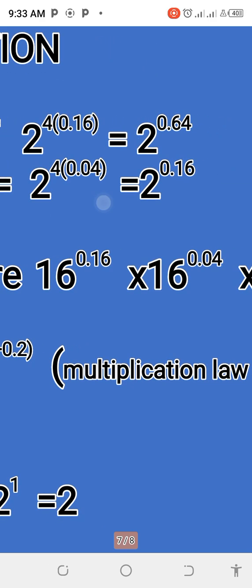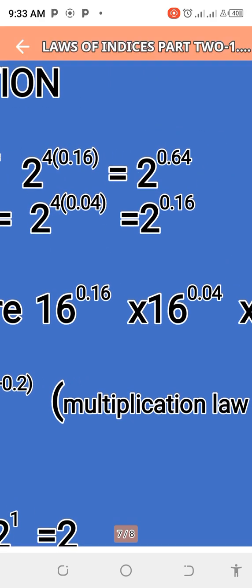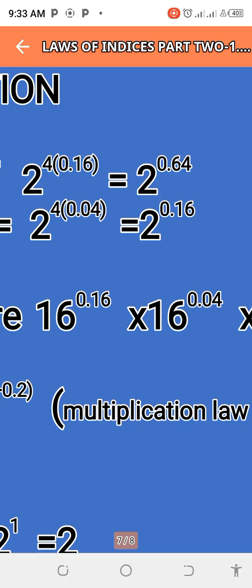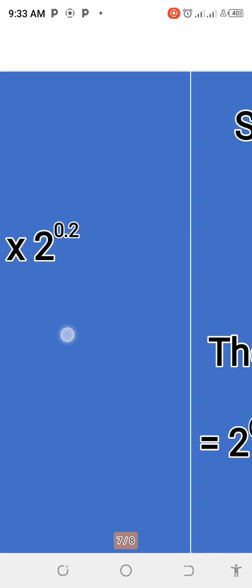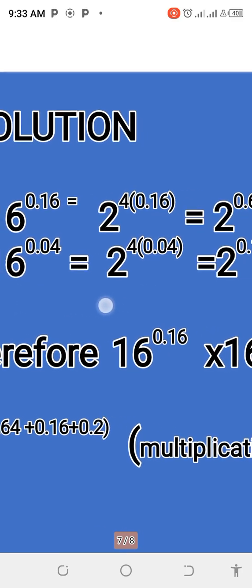When we multiply this one, we have 2 raised to the power 0.64, and when we multiply this one, we have 2 raised to the power 0.16. And the other one in the equation is already in base 2. So what we need to do is to add their indices or their exponents.